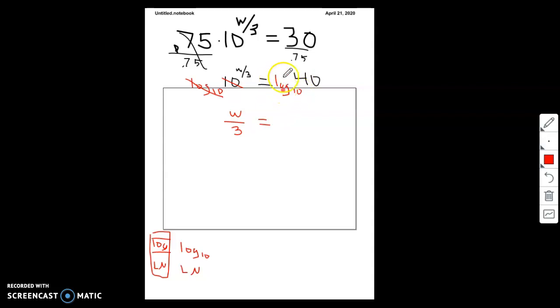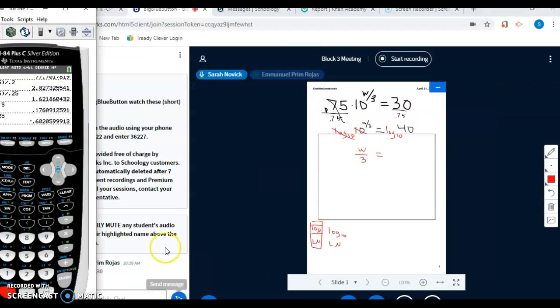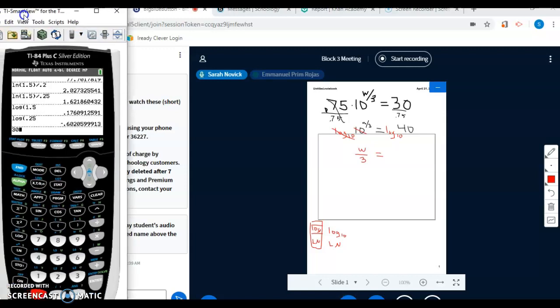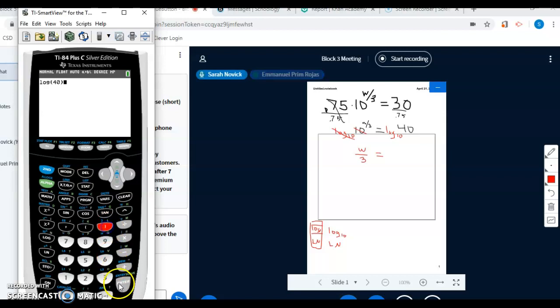So you would just use that log button of your calculator to evaluate it. It's kind of hard to show you on the screen, but you would just type in log, you don't see the 10 when you type it in, 40, and you hit enter.